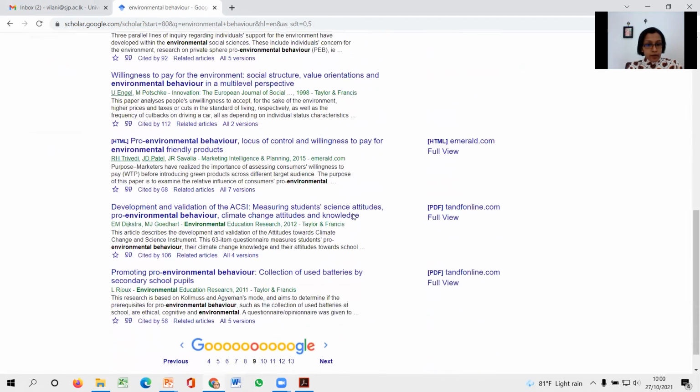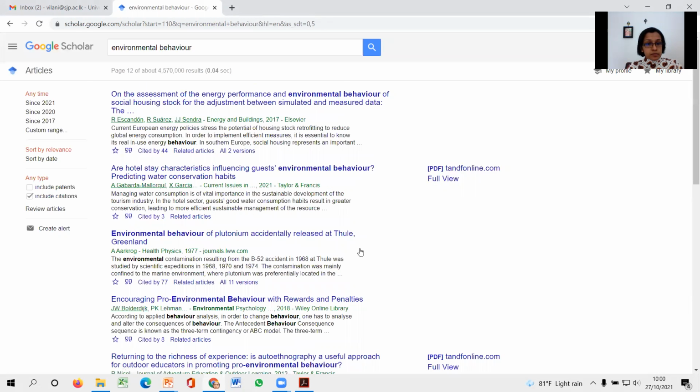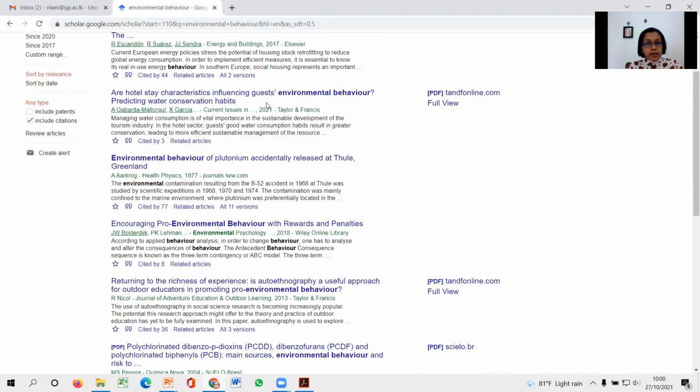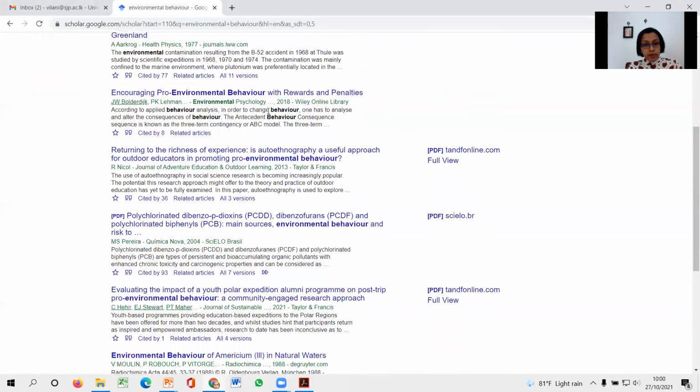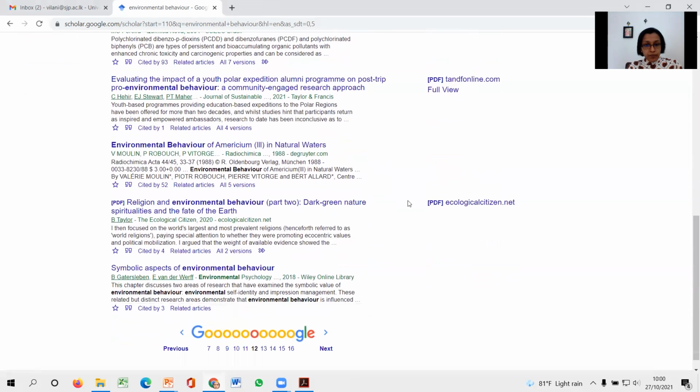Let's see if we have some luck finding examples. Here, this article is cited by just 3, but remember it was only published in 2021, so it takes time to get cited. Sometimes an article is cited by only 1, right?